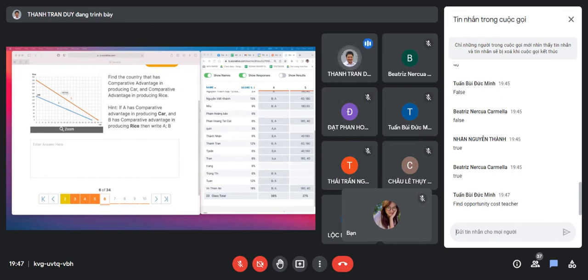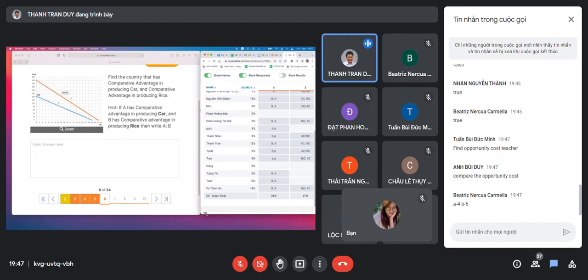Exactly. All right. So what is the opportunity cost to produce a car in A, and the opportunity cost to produce a car in B? You take 240 divided by 40. It means 6. 144 divided by 36 is 5?